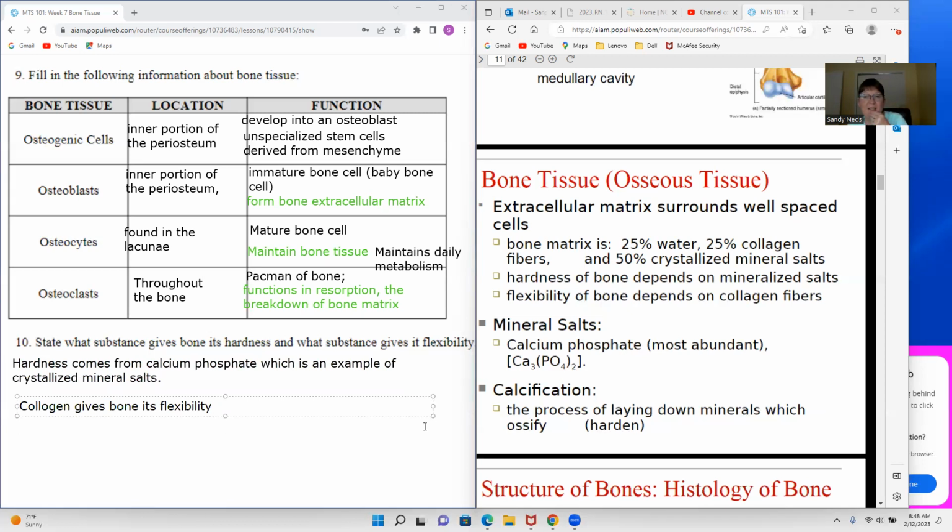So the hardness comes from the crystallized mineral salts, which is about 50% of the bone. And collagen is what gives the bone the flexibility.